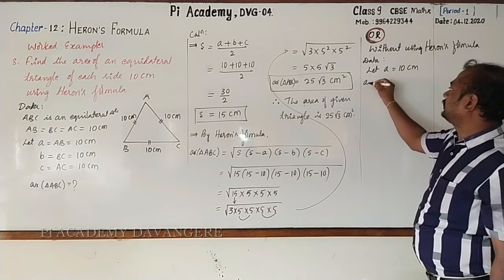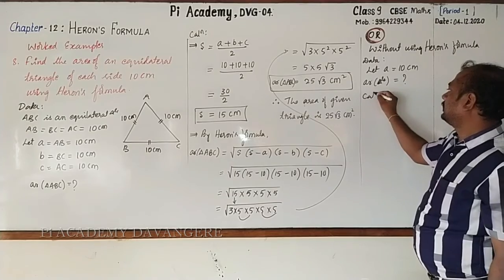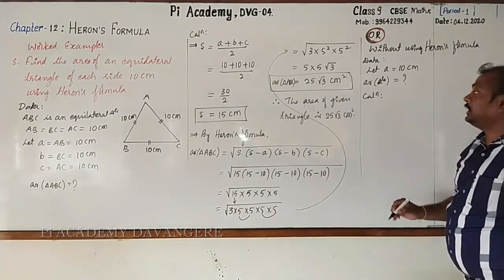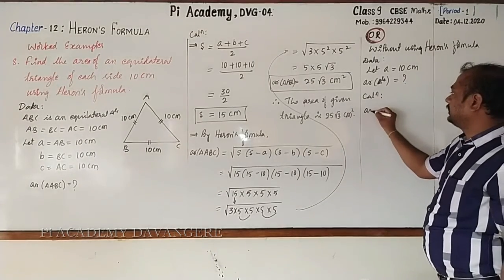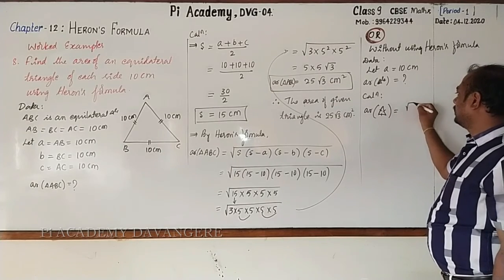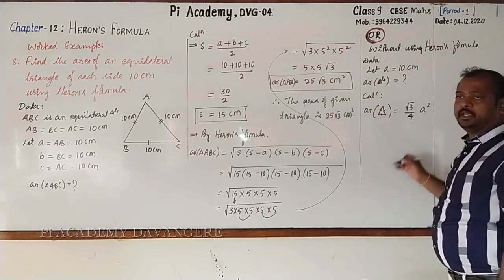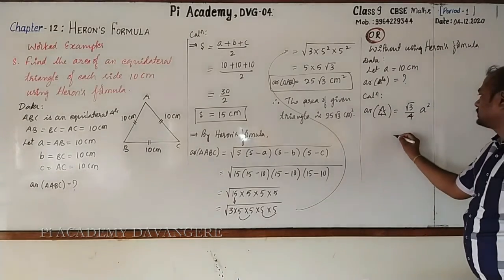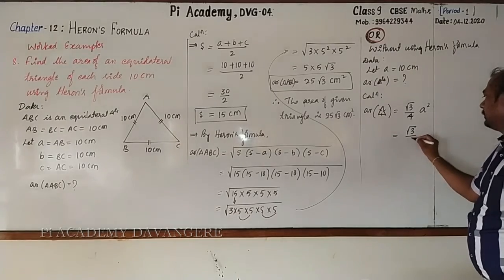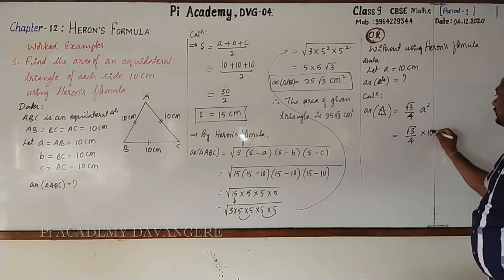You are going to find out area of triangle. Calculation. Area of an equilateral triangle. Here I write area of equilateral triangle. It is root 3 by 4 into side square. Side is a. It is a square. It is equal to root 3 by 4 into a square. What is a? It is 10 into 10.